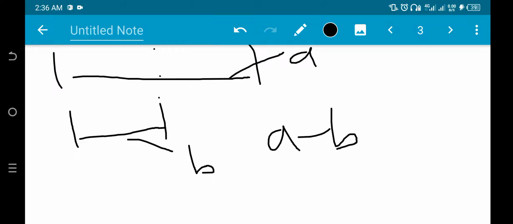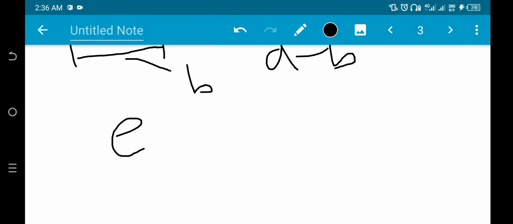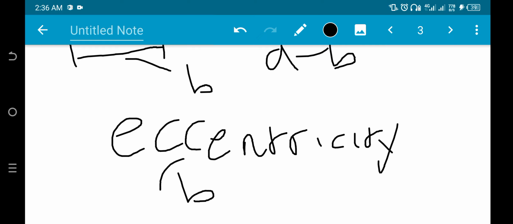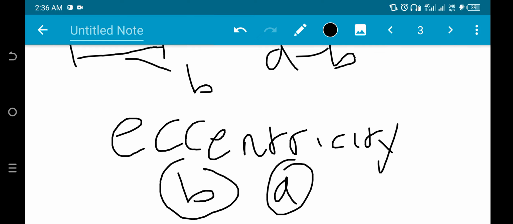Once you find A and you have C, you can use what we have learned, eccentricity, and find B. Once you have B and A, you can write the equation. That's how super cool it is.